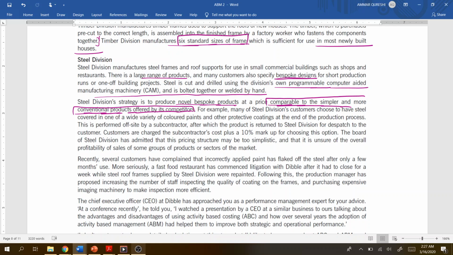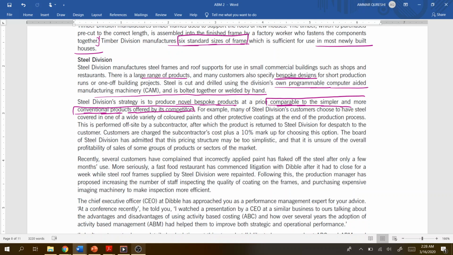Whatever product we are providing is according to the requirement of the customer. And whenever you ask any company to provide a bespoke or customized product, the customer always has to pay some extra price for that. But this is something which apparently the company is not charging. As management accountants, we should not usually accept that. Let's see what the next part is saying.